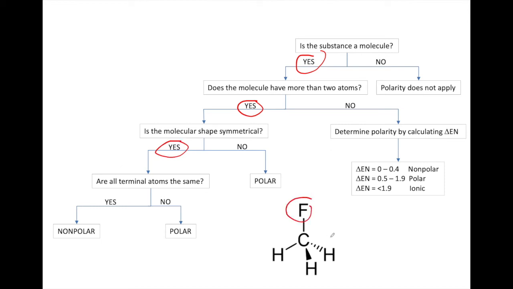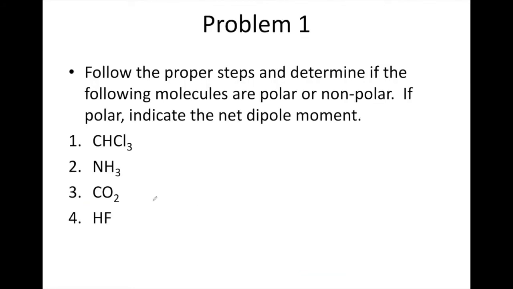We have 1 fluorine, and then we have 3 hydrogens, so they're not all the same. So the answer is no. That means this would be a polar molecule. Okay, so we know the electron density is going to be unequally distributed here because we have a symmetrical shape, but different terminal atoms.